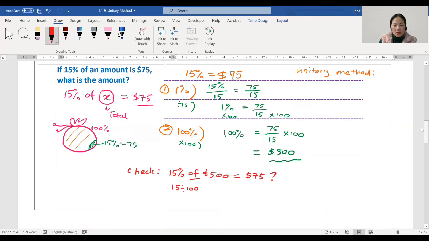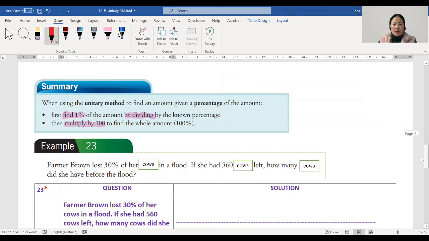Of means times, and then you times by 500. You put all that in your calculator, you will get 75, because I've done it. So that is correct. So your answer is $500.